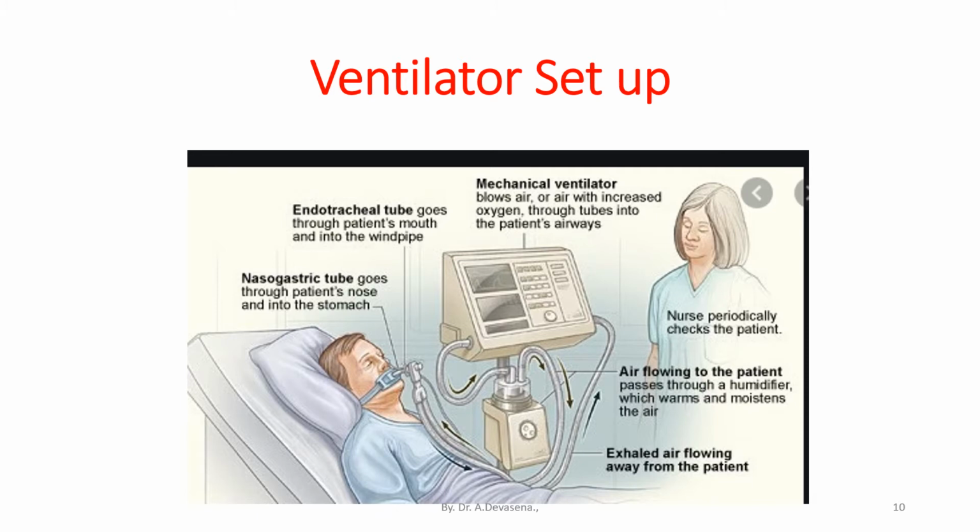From the ventilator, air flowing to the patient passes through a humidifier which warms and moistens the air. It is passed to the endotracheal tube. This endotracheal tube goes through the patient's mouth and into the windpipe.